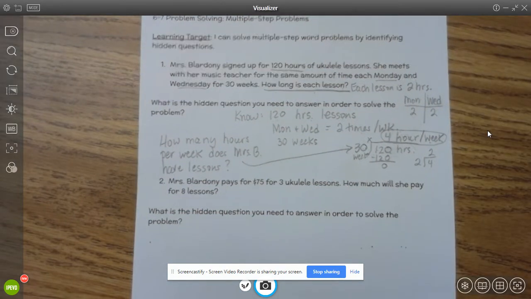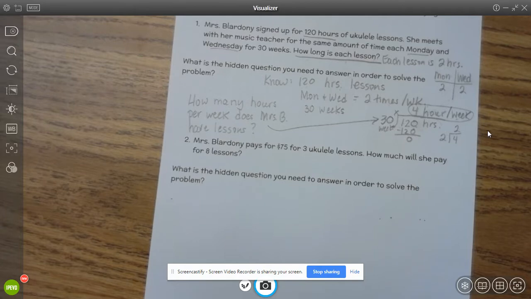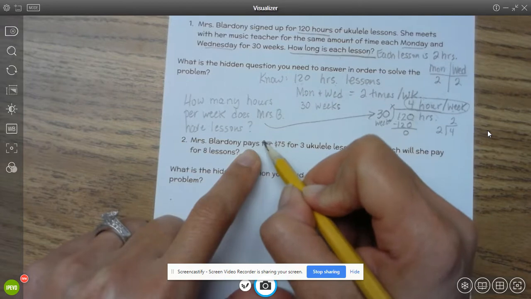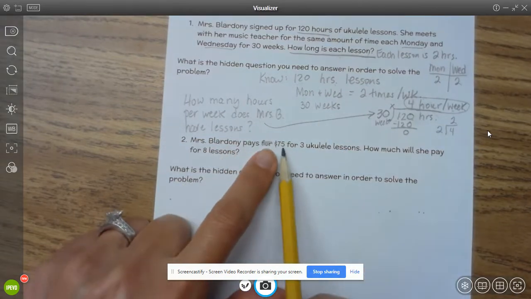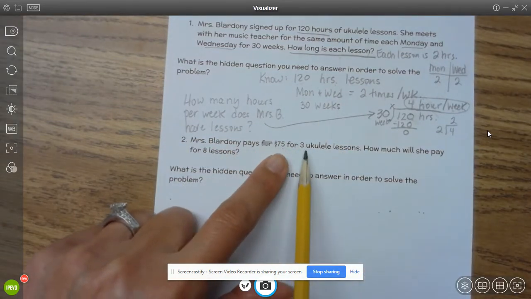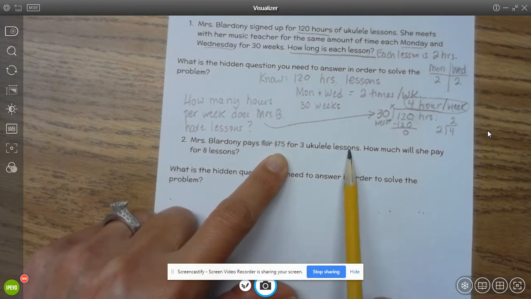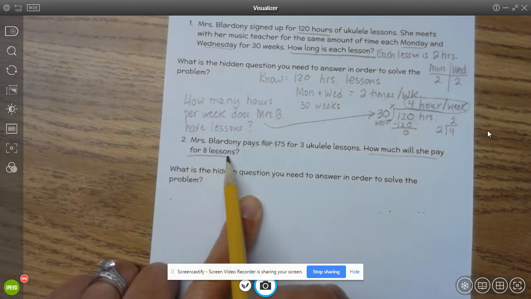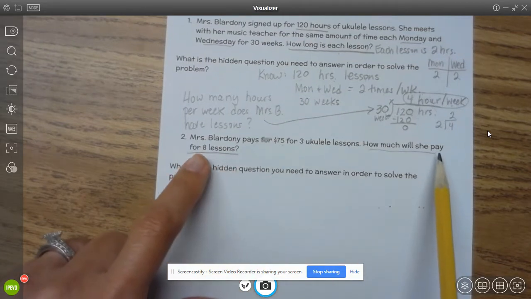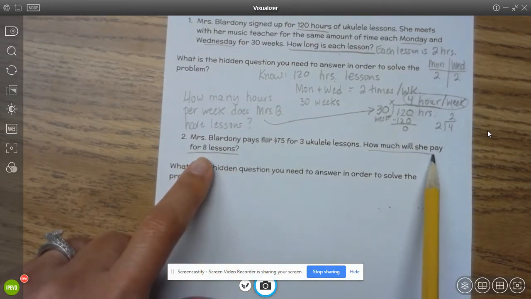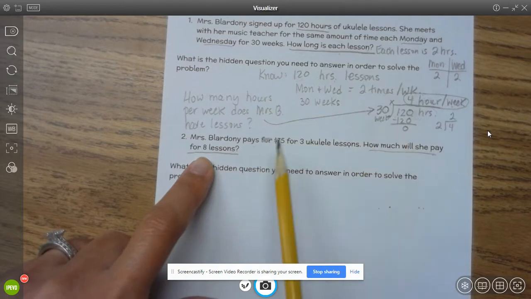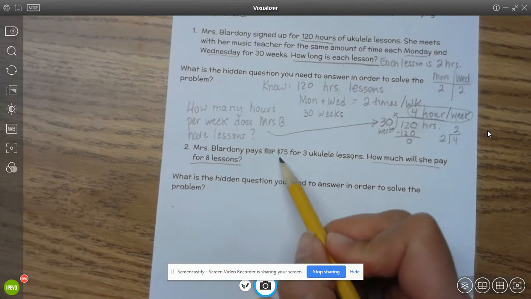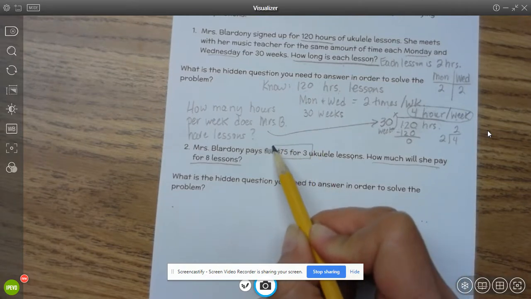Okay. Second question we talked about was, Mrs. Blardoni pays $75 for 3 ukulele lessons. How much will she pay for 8 lessons? So here's the question I need to answer, but I need to figure something out in order to answer the question, because if I think about it, what do they give me? $75 for 3 lessons.